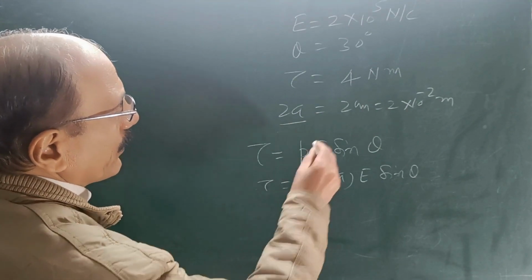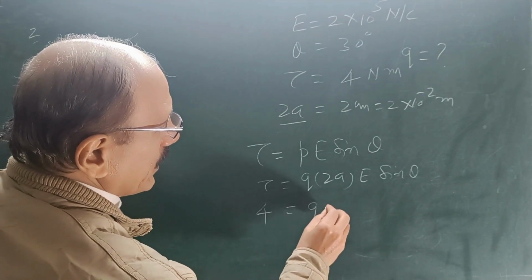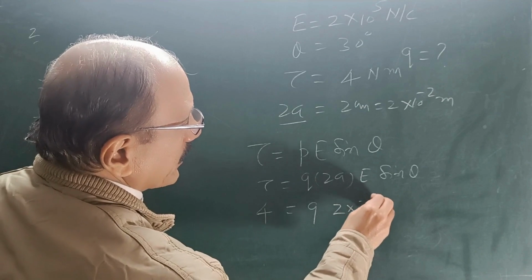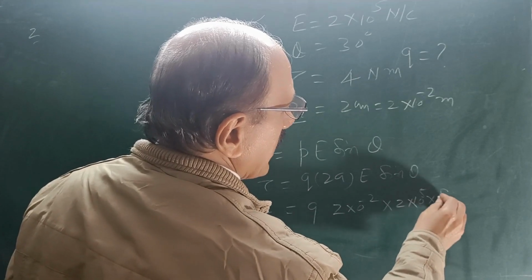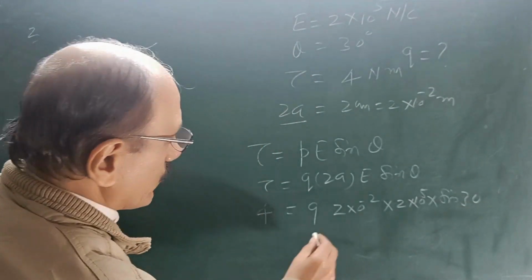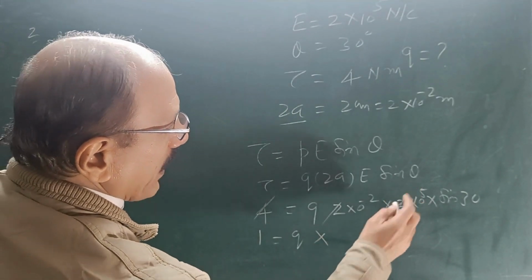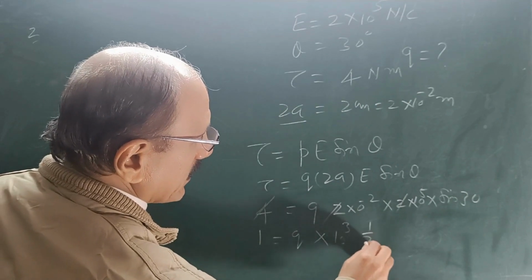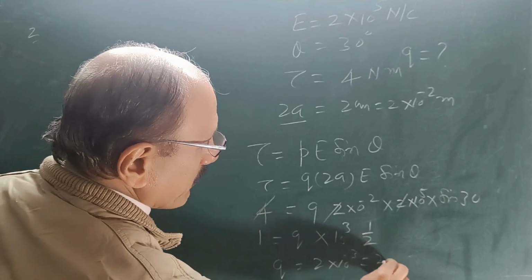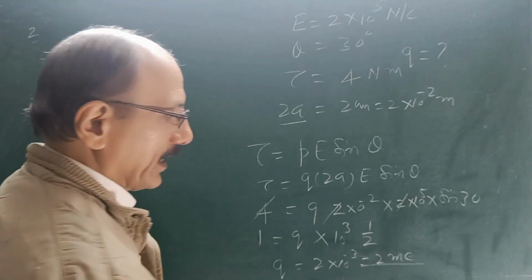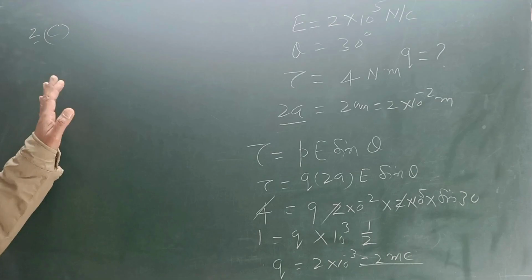Substituting the values, we have to find Q. So 4 equals Q into 2 into 10 to the power minus 2 into E, which is 2 into 10 to the power 5, into sin 30. The 2 into 2 will get cancelled. So 1 equals Q into 10 to the power minus 2 and 5, that is 10 to the power 3, and sin 30 is half. So Q equals 2 into 10 to the power minus 3, that means 2 millicoulomb. So the correct option is 2 millicoulomb, that is C.